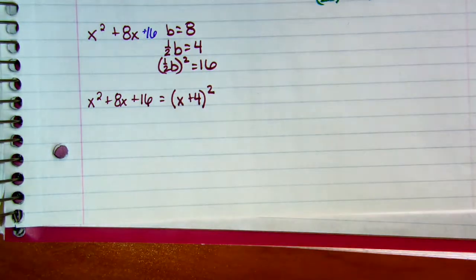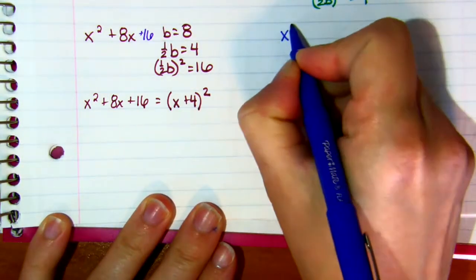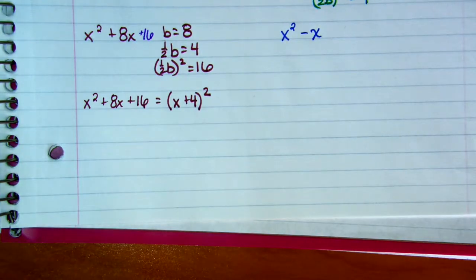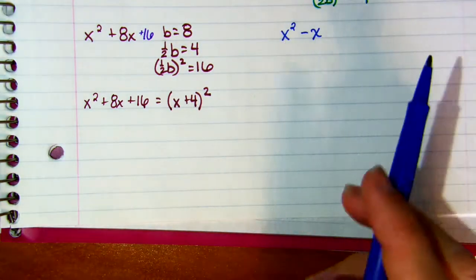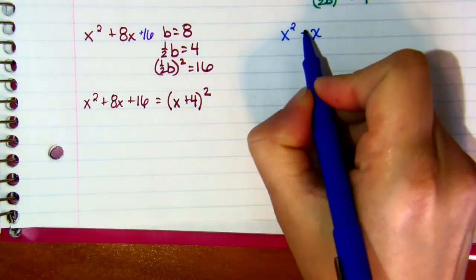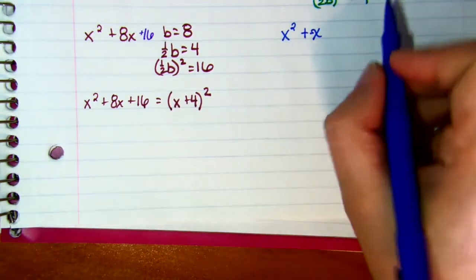Let's do another one. This one's going to have subtraction in it, but it really follows the same method. So we have x squared minus x. It might be easiest if we think about this as x squared plus a negative x, just changing that subtraction, because then we follow the exact same steps.